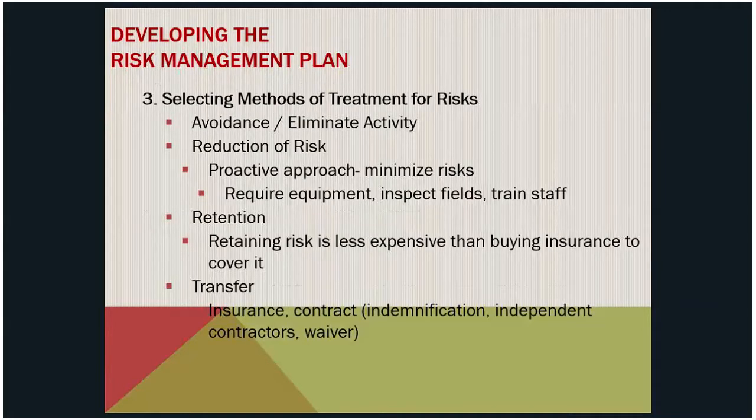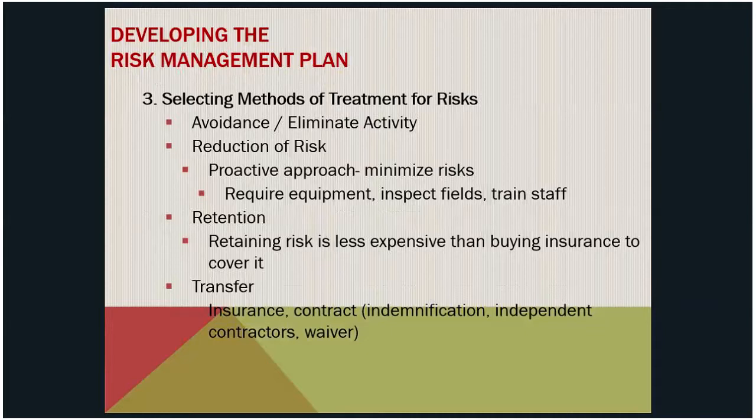We look at the methods or treatments for the risks: avoidance, reduction, retention, transfer. Whether we eliminate the risk, whether we try to reduce it, we take that proactive approach, or retain it. Sometimes retaining is less expensive than buying insurance to cover it, or we want to transfer.